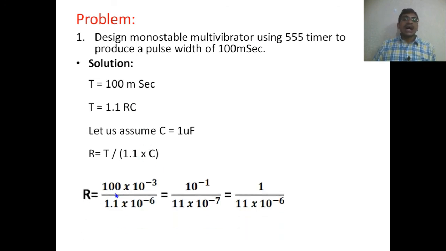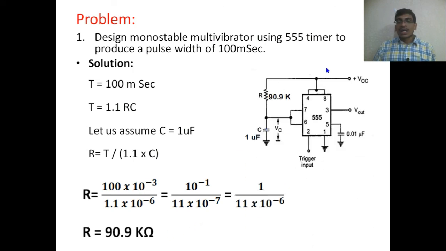So R is 100 × 10^-3 divided by 1.1 × 10^-6, because the time is given as 100 milliseconds and C is 1 microfarad. That equals 10^-1 divided by 1.1 × 10^-6, which is 90.9 kilo ohms.